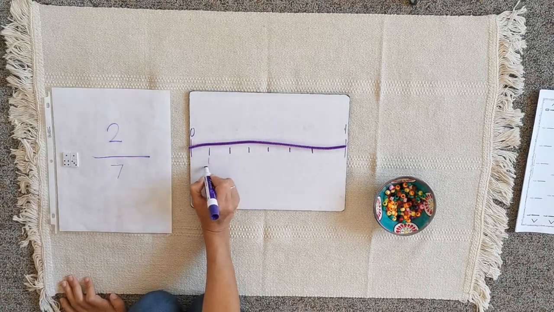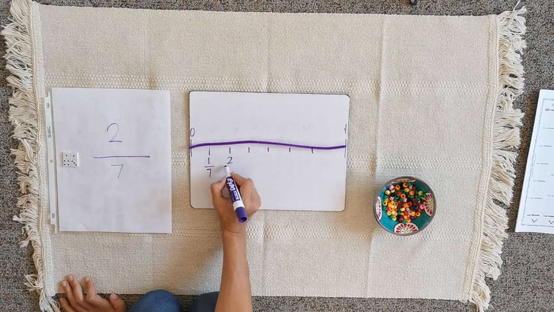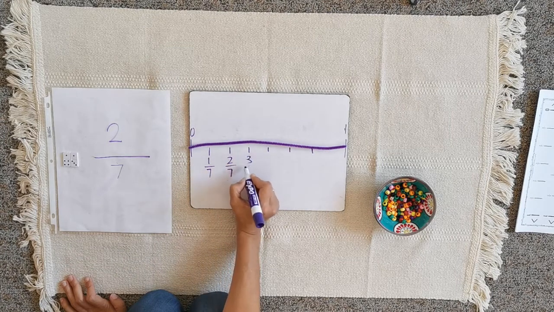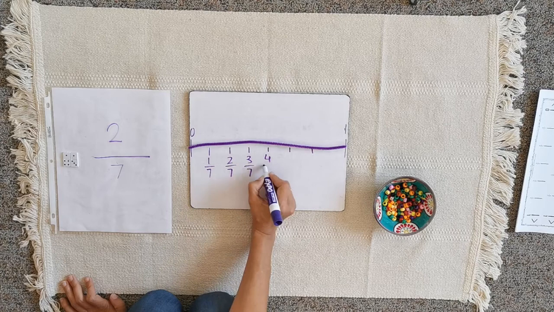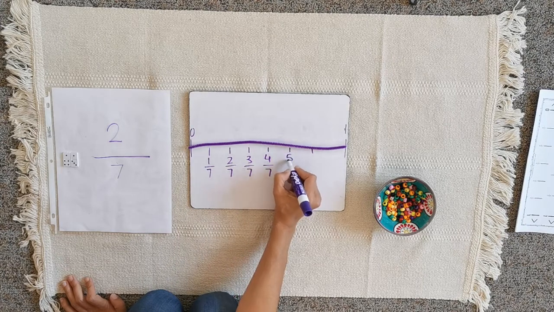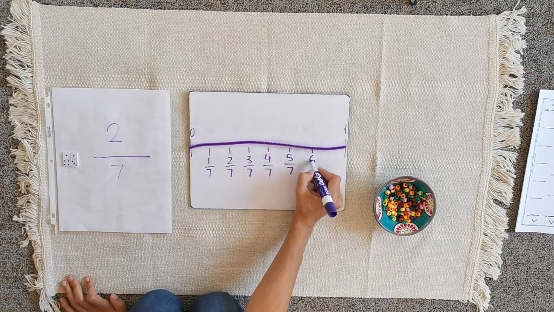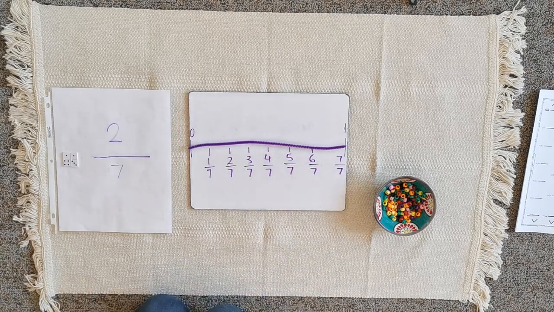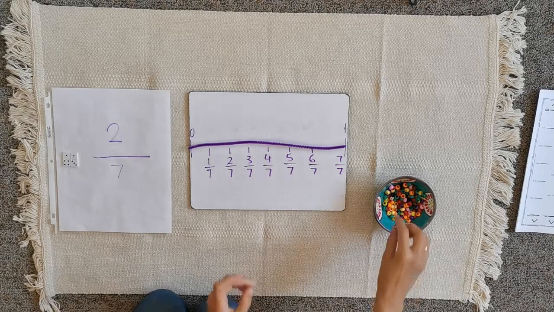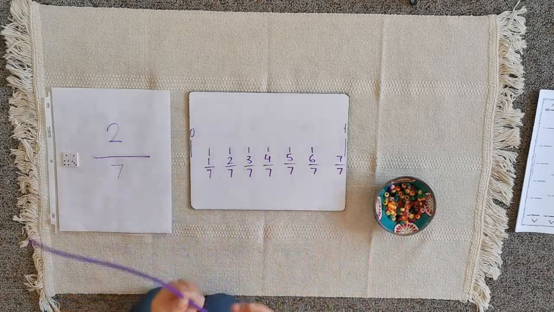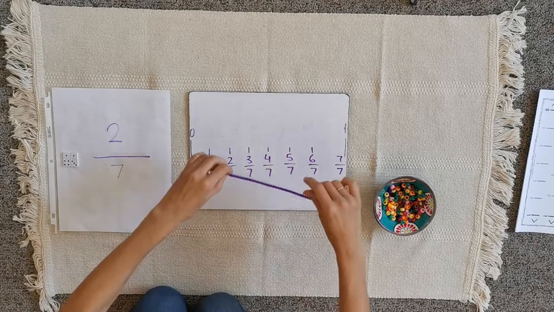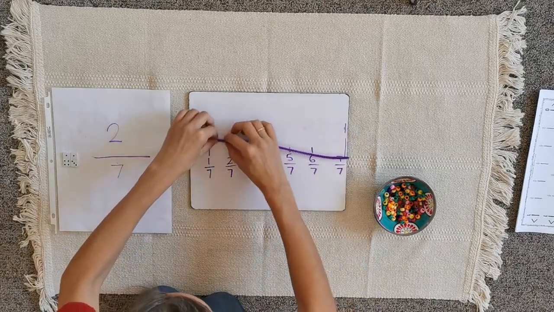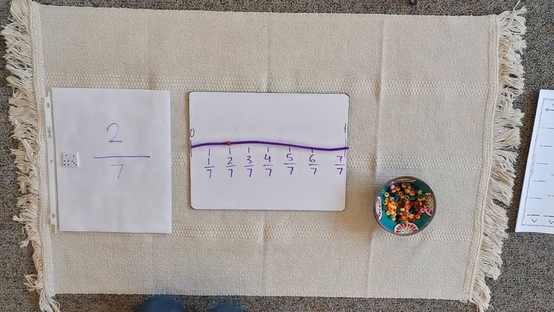This will be my 1/7, 2/7, 3/7, 4/7, 5/7, 6/7, 7/7. The whole. So where is my 2/7? Over here. Yay!